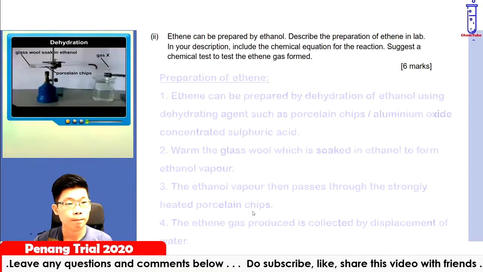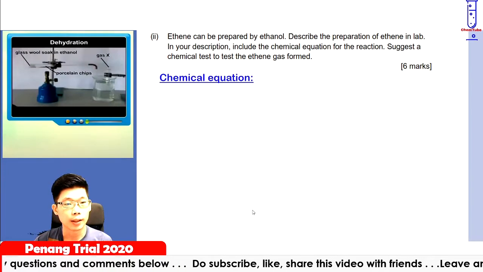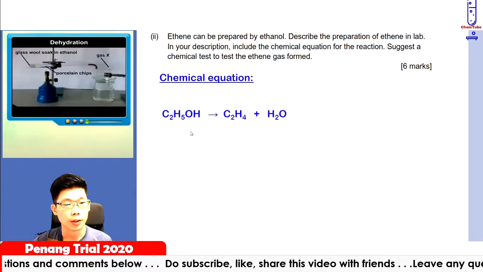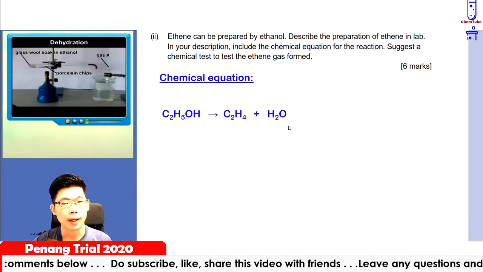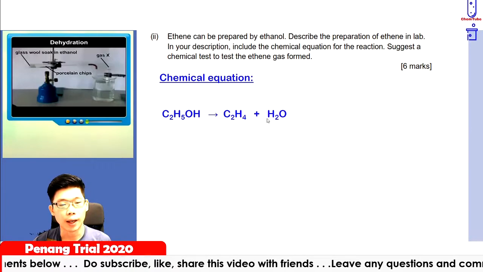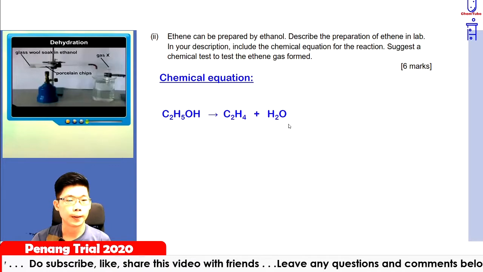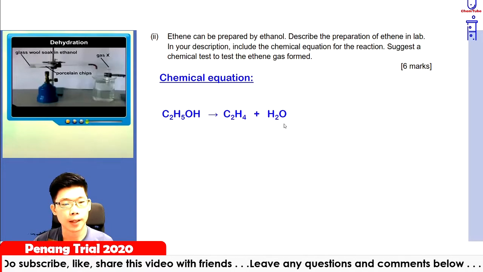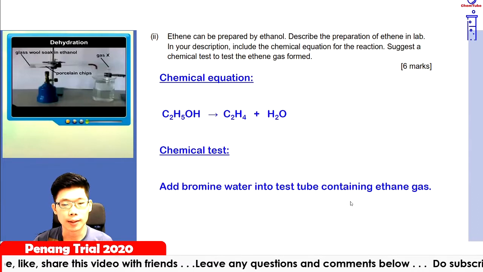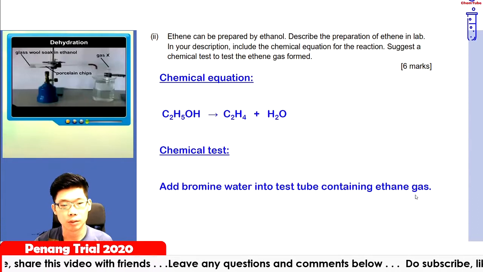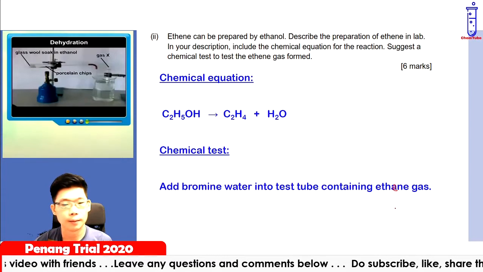Then after that, how do we write the chemical equation? Ethanol produces ethene and water. Then how do we test it? We can add bromine water into the test tube containing the ethene. It should be ethene gas, not ethane gas.